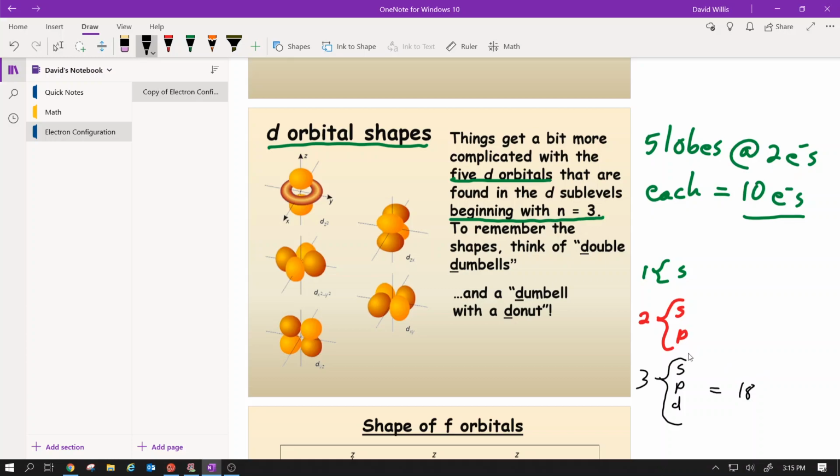The 4th energy level has a special one too, another shape. This is the first presentation that I've seen where they actually try to show you the F shapes. Usually they just say, don't worry about what shape the Fs are. Ready to blow your mind?